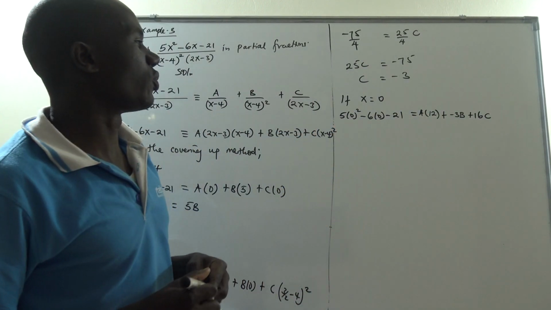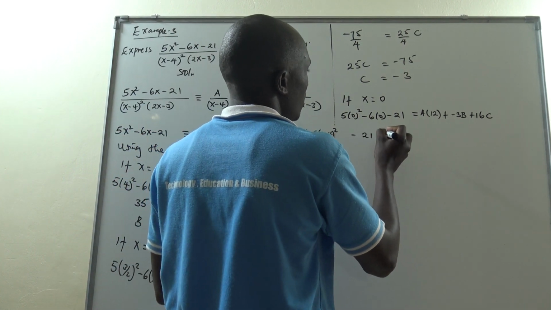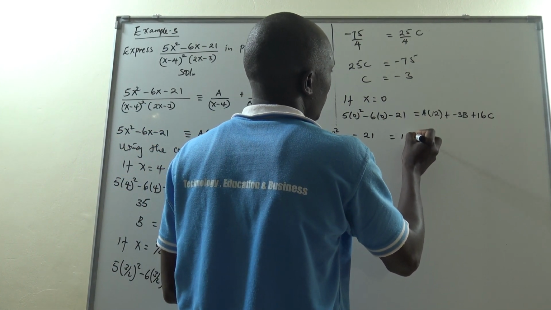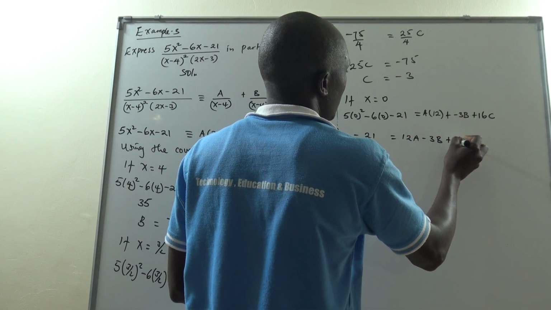So we are going to still reduce. We are getting negative 21 equals 12A minus 3B plus 16C.